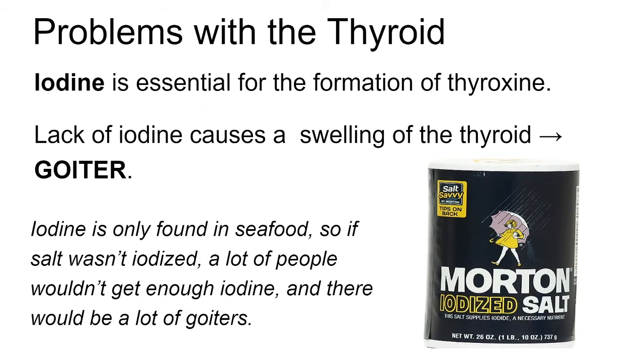Prior to salt being iodinized, a lot of people wouldn't get enough iodine and there would be a lot of cases of goiter. But they found they could add iodine to salt and it didn't affect taste, it didn't do anything. But people were now getting adequate levels of iodine, and so cases of goiter went down.